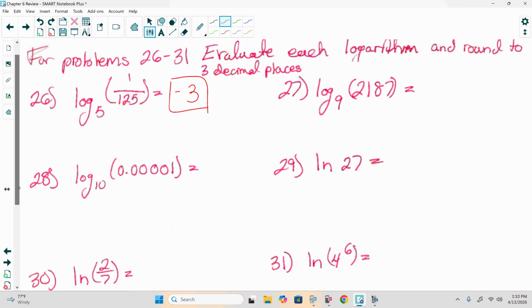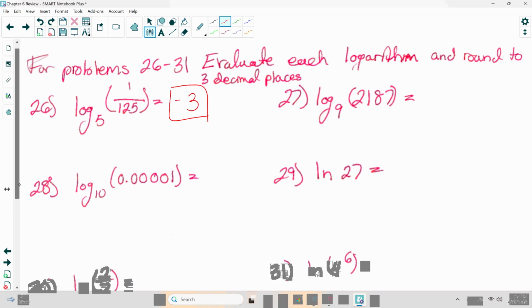Because there is not a decimal with -3, do not worry about rounding it to 3 decimal places. We still can. It would actually be -3.000. We would throw 3 zeros on to it.